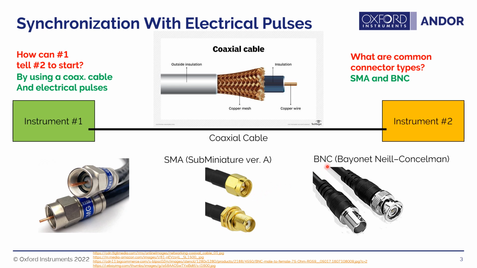However, for the BNC or bayonet type, there's a little bit of a bump on one of the sides of the connectors that fits into a groove on the second connector, that when you turn it around maybe a quarter to a half turn or so, it locks into place, but it can be much more quickly detached and moved from one instrument to another.